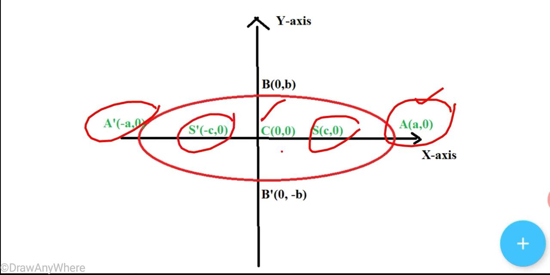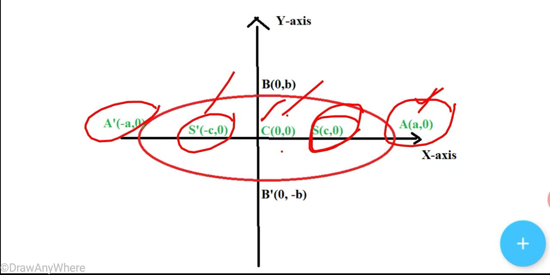The focus points are the midpoints of center and vertex. The focus point lies in the middle of the center and vertex, on the right side and left side. So in total we have two focus points.